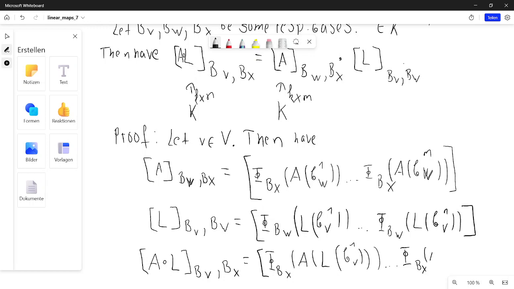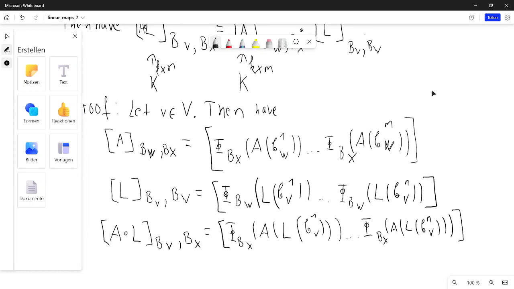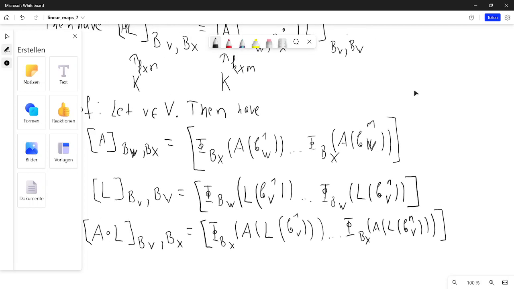And this gives you phi bx of A, L of BV, right? And this gives you that. Right, now how do we do that? How do we show that? This is exactly the same. Well, for that, of course, we would have to use some things. Right, let's think about it.